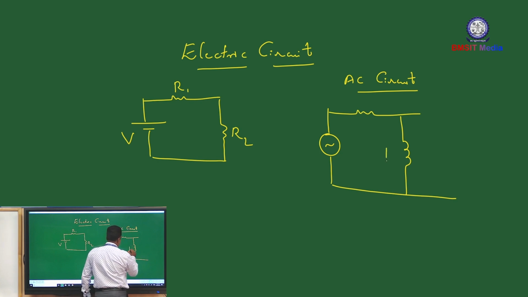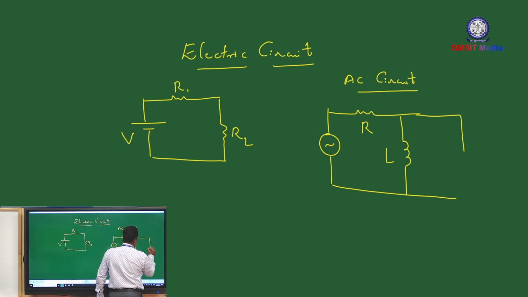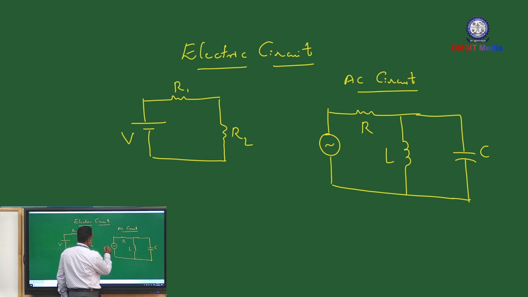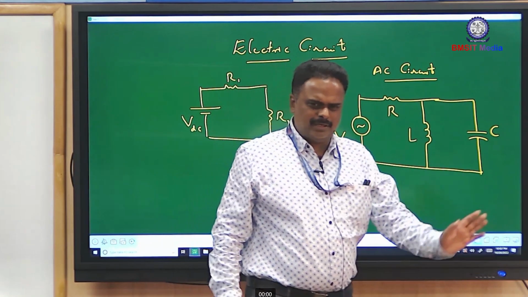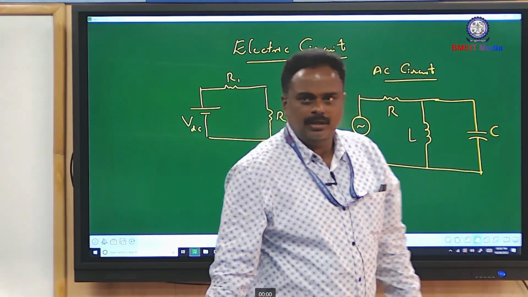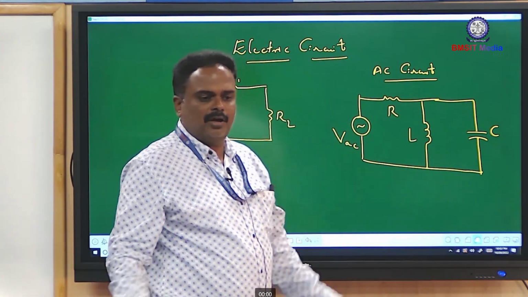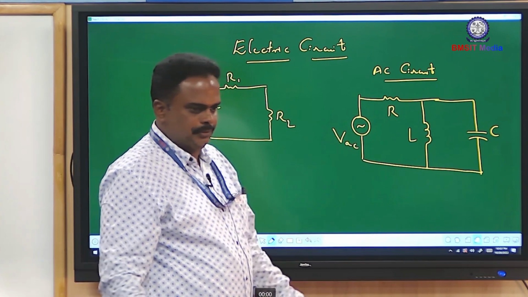Inductor is denoted by L. This is resistor, and it can have a capacitor, C. This is the AC voltage source. This is the DC voltage source. It can be an AC generator, something like that. So these are the examples for DC and AC circuits.